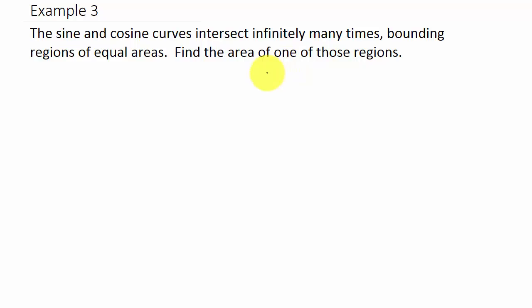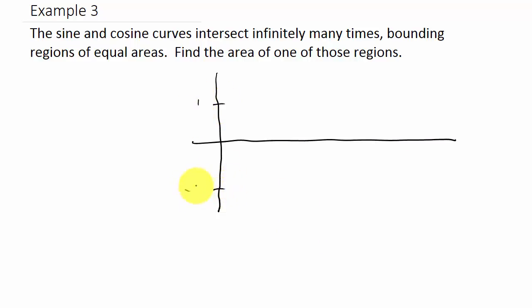Alright, so let's look at this. We want to go ahead and graph it. So let's graph the sine function and the cosine function. Alright, so this will be 1, this will be -1, we've got 2 pi, 3 pi over 2, and pi over 2.